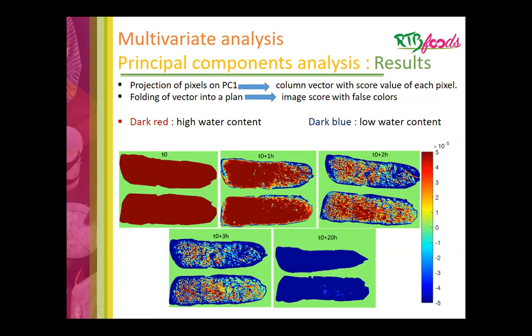We see here that as the drying time increases, the dried part in blue evolves from the outside to the center, and the wet part in red totally disappears at 20 hours after drying.